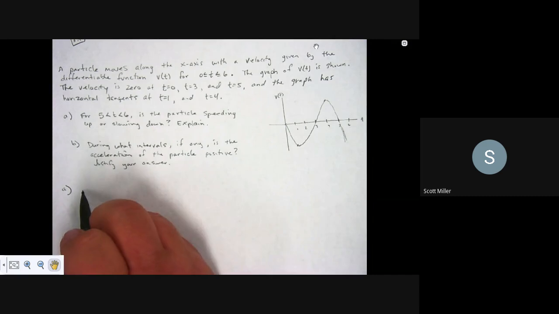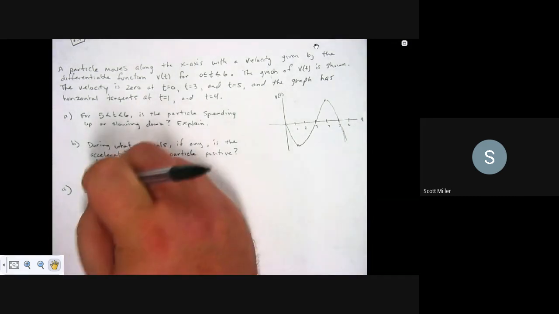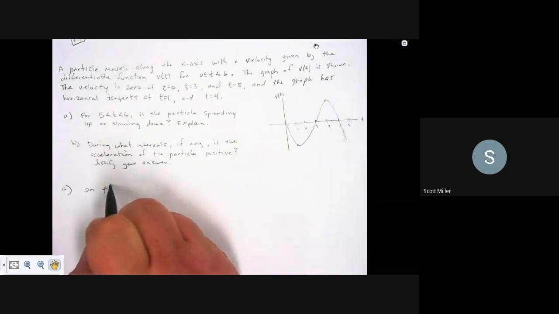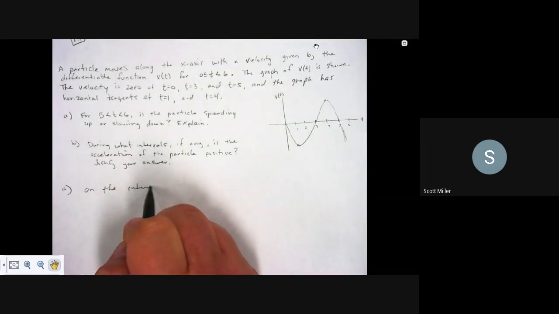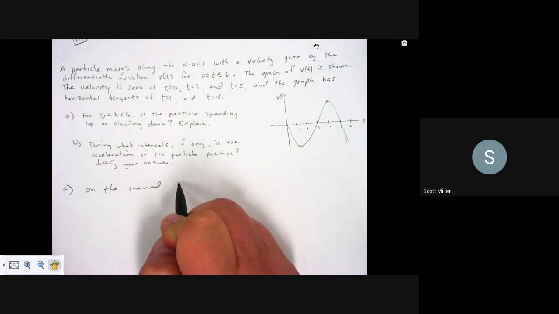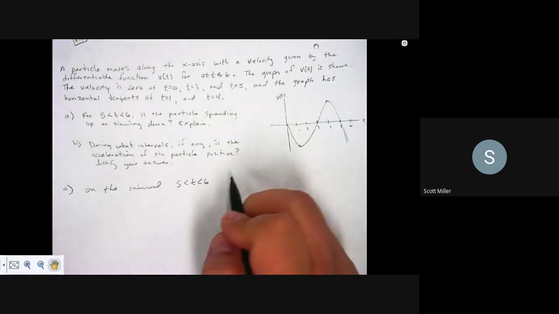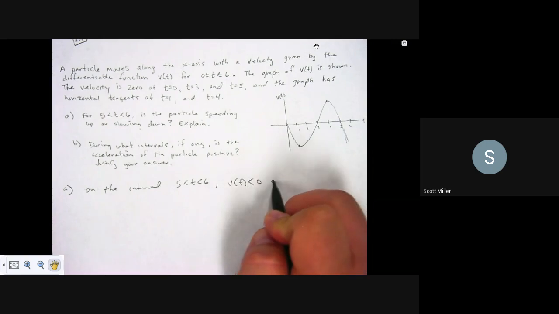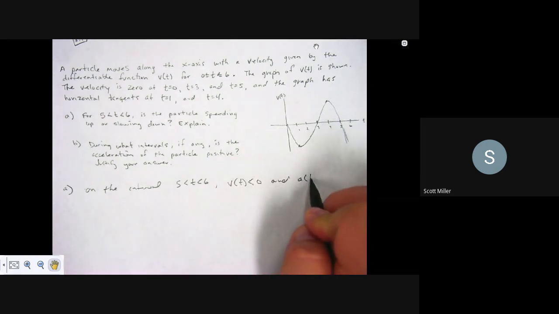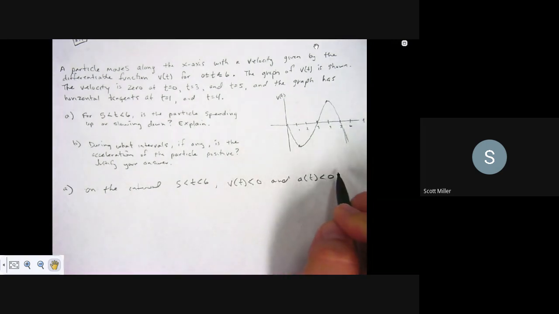And so my answer is going to be this. On the interval where t is between 5 and 6, I can use interval notation also. The velocity of t is less than 0, and the acceleration of t is less than 0.